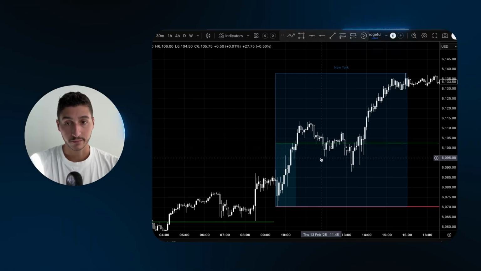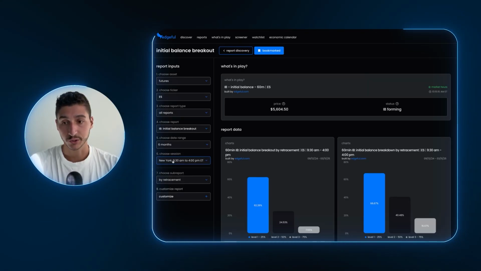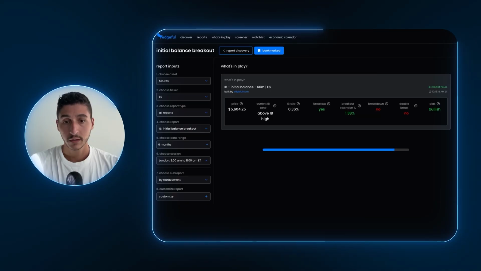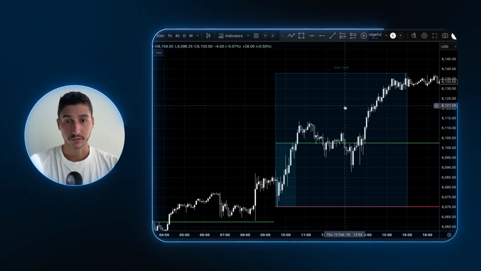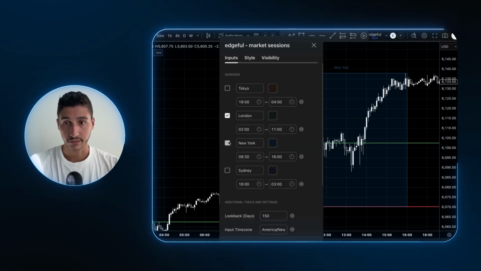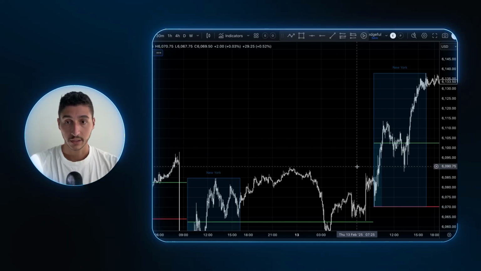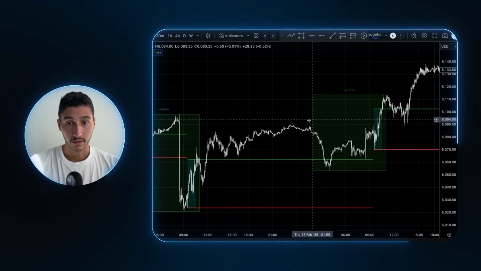of that first hour. So let's say you want to look at London here and you switch over here to London. Then what you need to do is go to your settings and turn on the London session for the market session so you can see the correct outline of the London session.